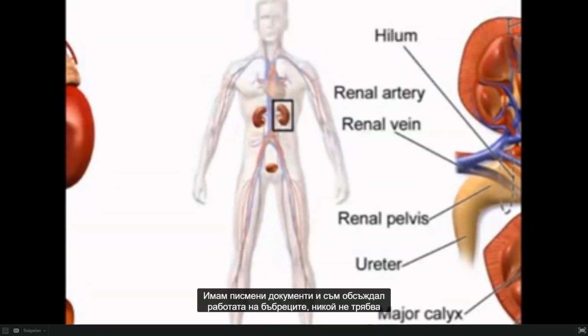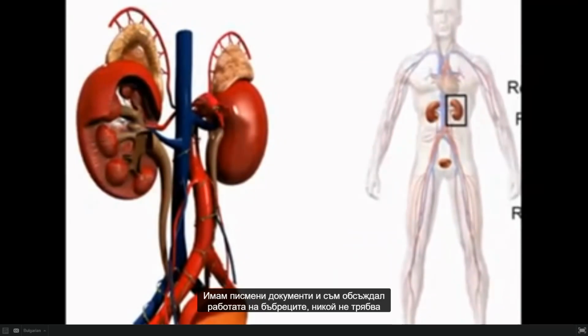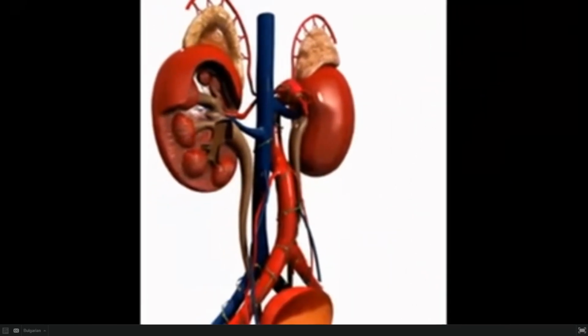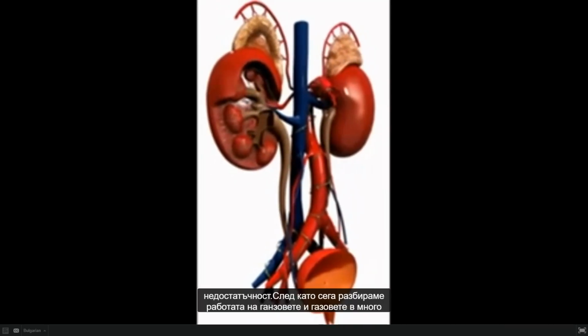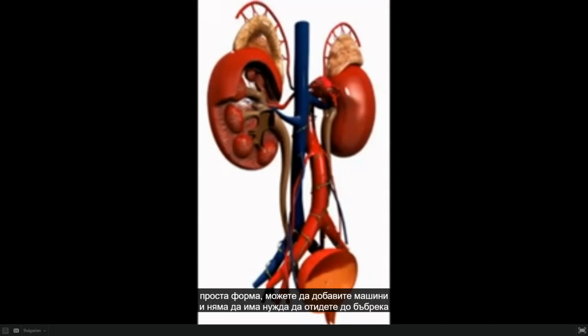I have written papers and given discussions about the operation of kidneys. Nobody should be on a dialysis machine and nobody should die of kidney failure. Once we understand the operation of the GANS, in a very simple form, you can add machines; you don't need to go to the kidney. You can just add a machine onto the arm where the major blood vessels pass, or the leg, and create the extraction from the skin.